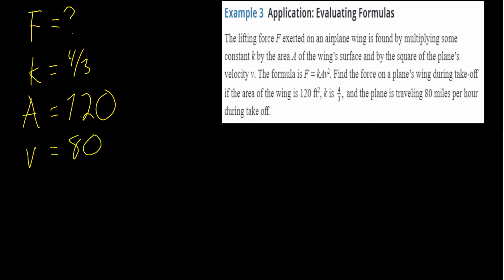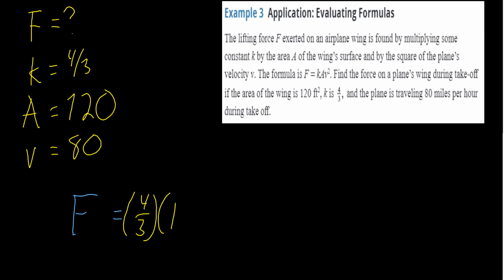Okay. So in my formula, all I have to do is plug in those values. Well, my formula was F is equal to KAV squared. Okay. Well, I don't know what F is, but I do know K is equal to 4/3. So we're going to erase K and put in a 4/3. My area is 120, so I'm going to erase the A and put in a 120. I'm going to run out of room there, so I'm just going to do this.